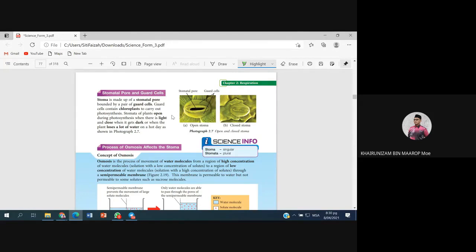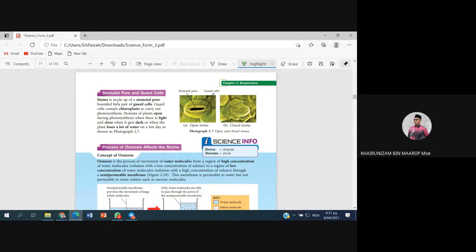When the process of photosynthesis occurs, the plant will produce glucose. So that increases the osmotic concentration of the guard cell. And then water from the neighboring epidermal cells.